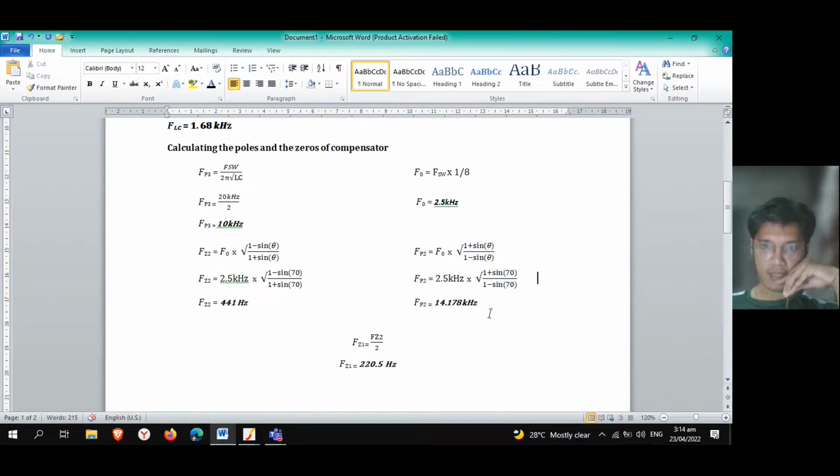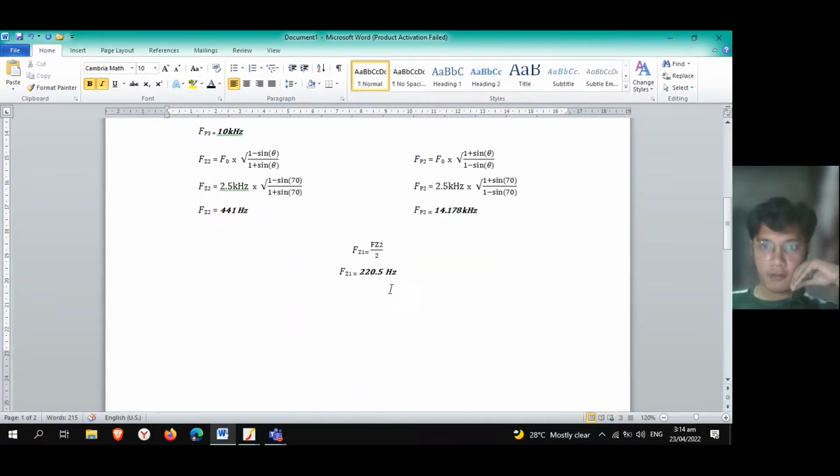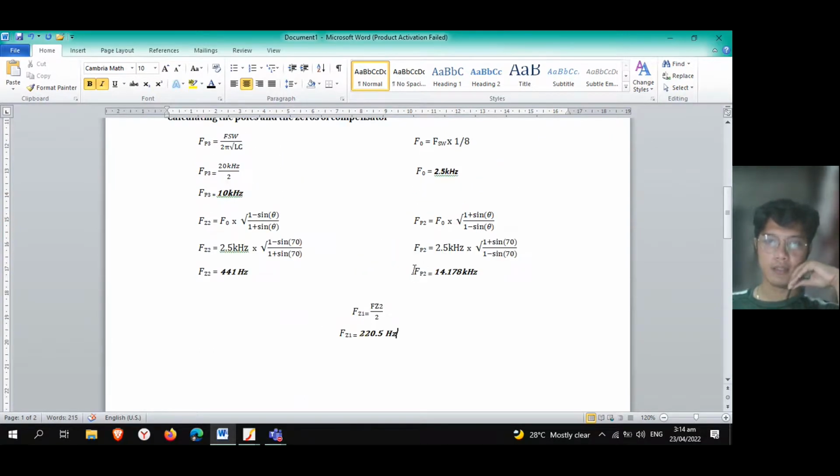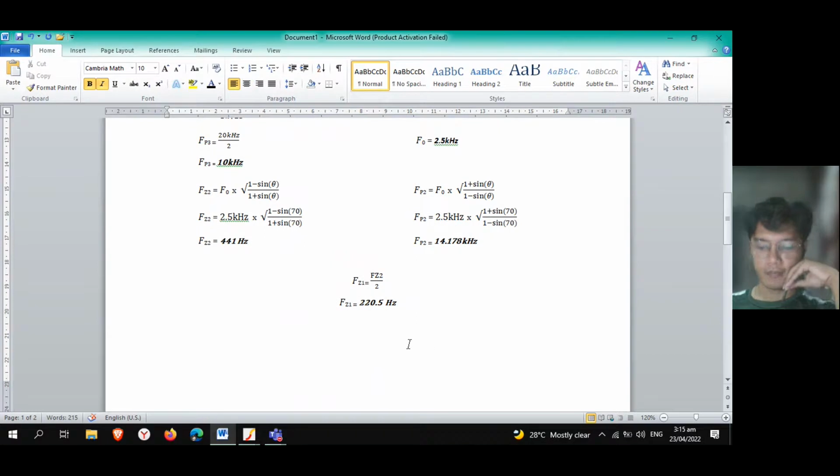Substituting again, our FP2 is 14.178 kHz. Then for FZ1, the formula is FZ2 over 2. Dividing by 2, we get 220.5 Hz.